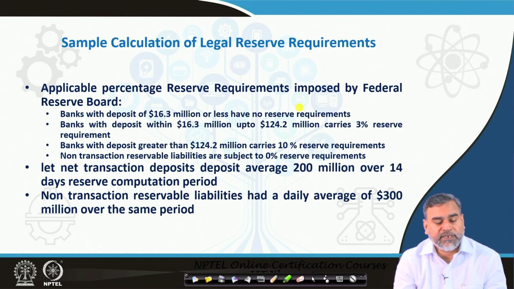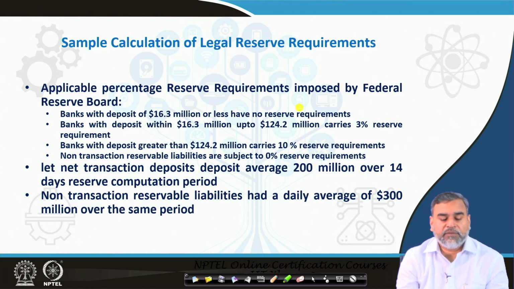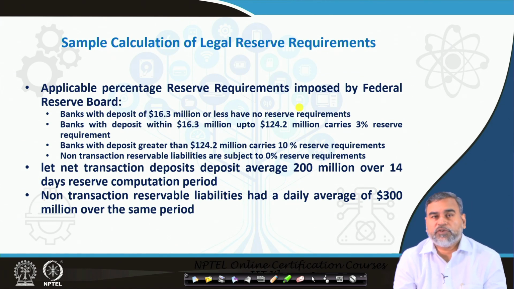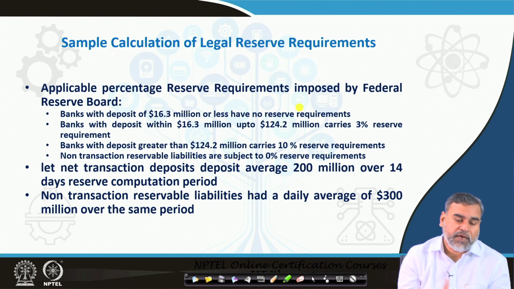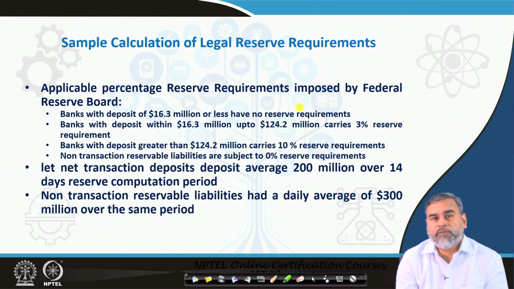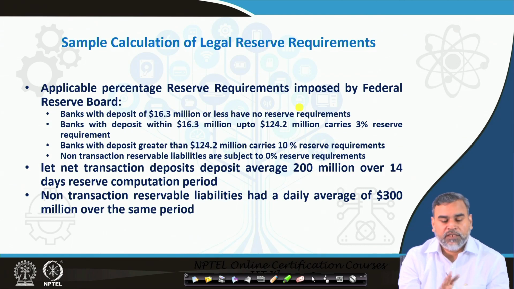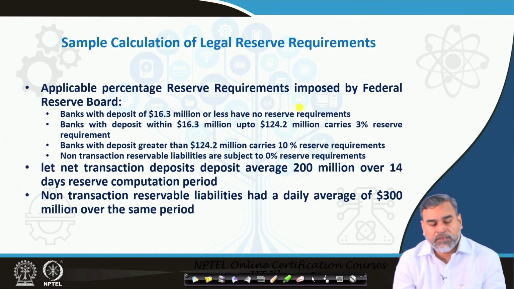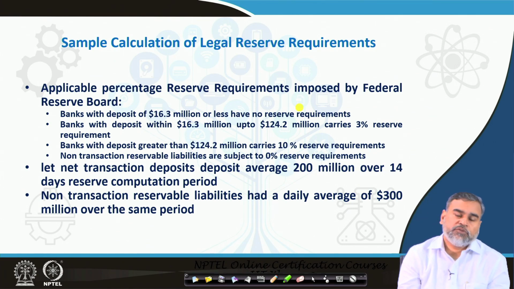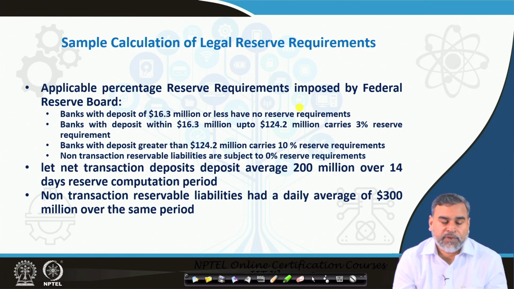Banks with deposits greater than $124.2 million carry a 10% reserve requirement, and the non-transaction reservable liabilities are subject to a 0% reserve requirement. So it may be uniform across all types of banks, or, as in the US structure, reserve requirements vary on the basis of the size of the deposits the banks are holding.